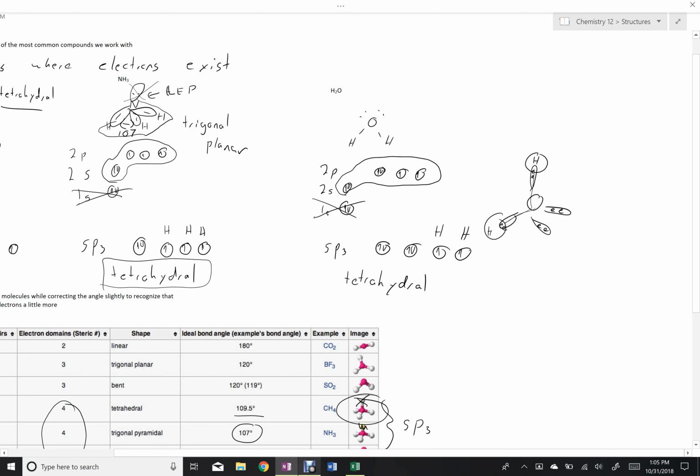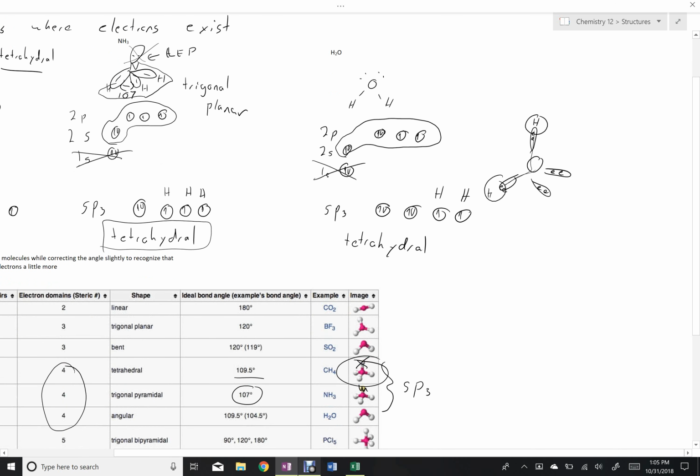So that's why when we consider where the actual atoms are, we don't call this tetrahedral anymore, but we call it angular. Once again, the lone electron pairs result in a higher degree of electron-electron repulsion, and so this angle is dropped down to 104.5 now.